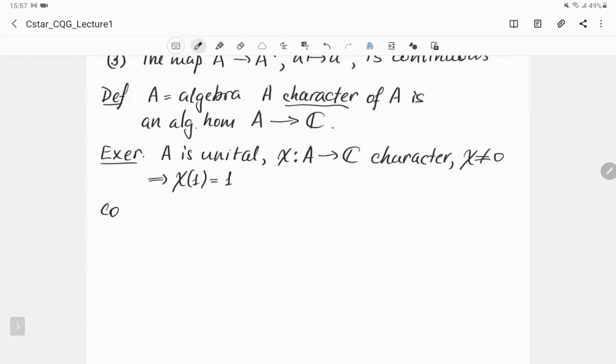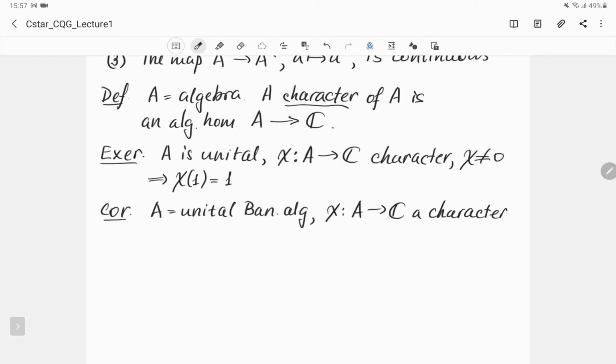So we have the following useful corollary of the previous theorem. Suppose that A is a unital Banach algebra and chi is a character of A. Then chi is automatically continuous, and the norm of chi is less than or equal to 1.